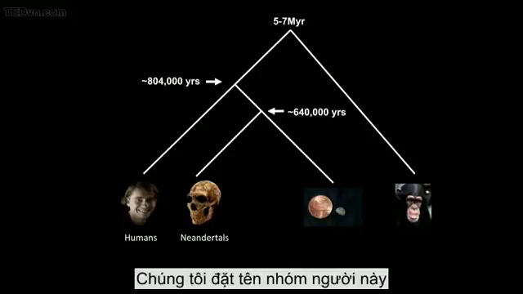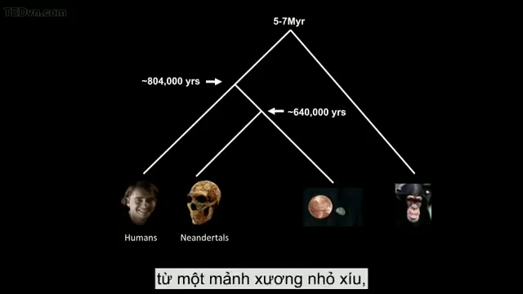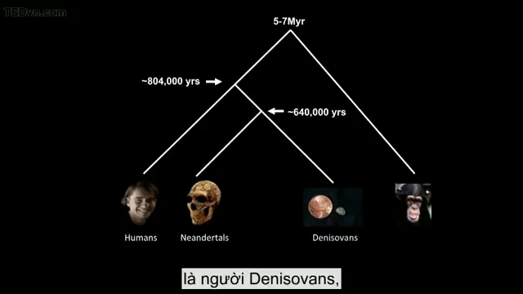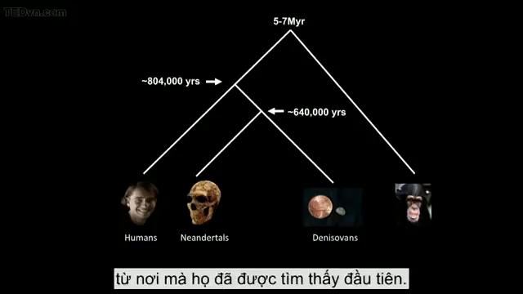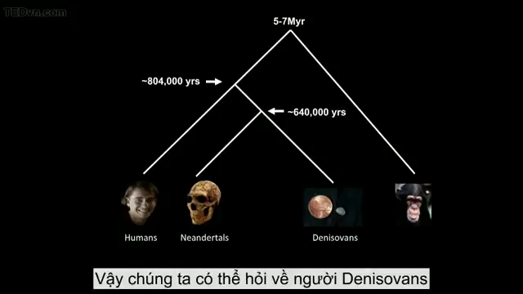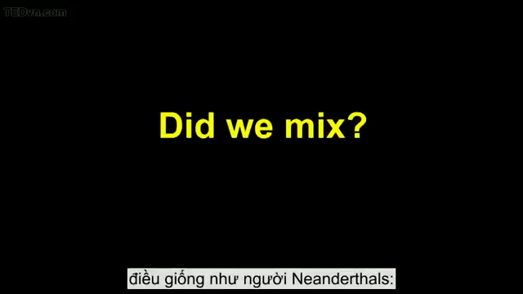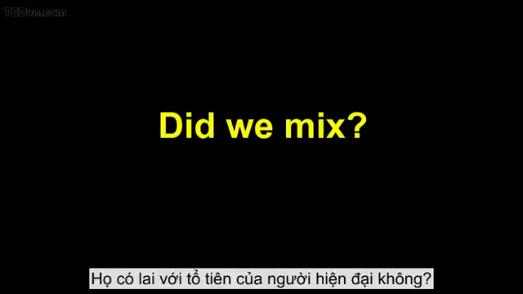We call this group of humans, that we describe for the first time from this tiny little piece of bone, Denisovans, after this place where they were first described. So we can then ask for Denisovans the same things as for the Neanderthals. Did they mix with ancestors of any of the present-day people?